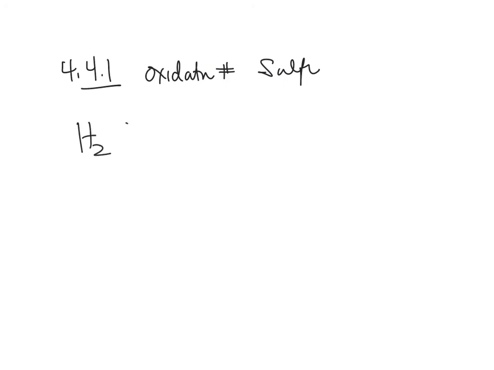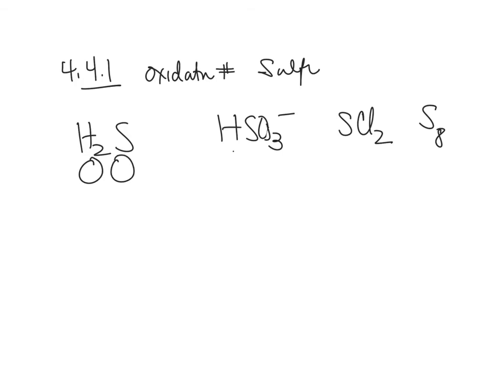So we have H2S, we have SO3 minus, we have SCl2, and we have S8. And I like how they did this, so I'm going to put the little oxidation state for each one of those elements. And then I'll put the boxes for the overall charge.